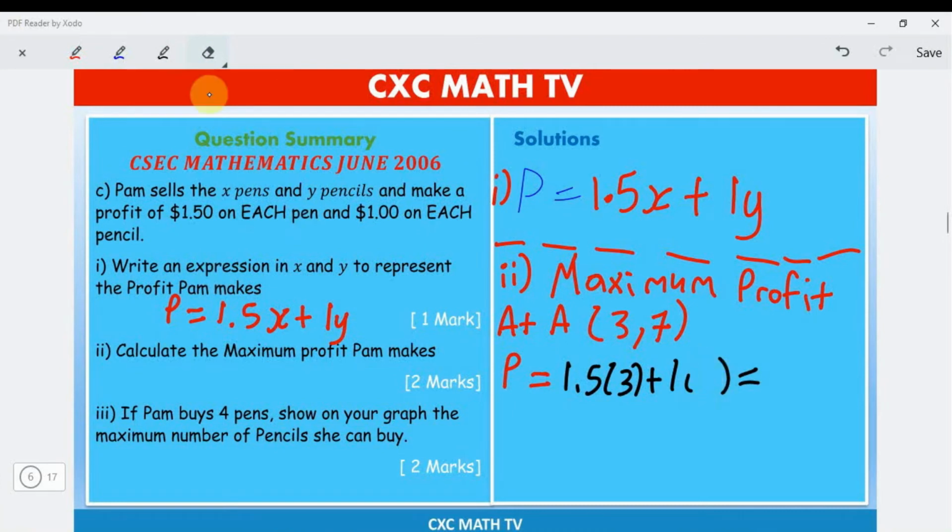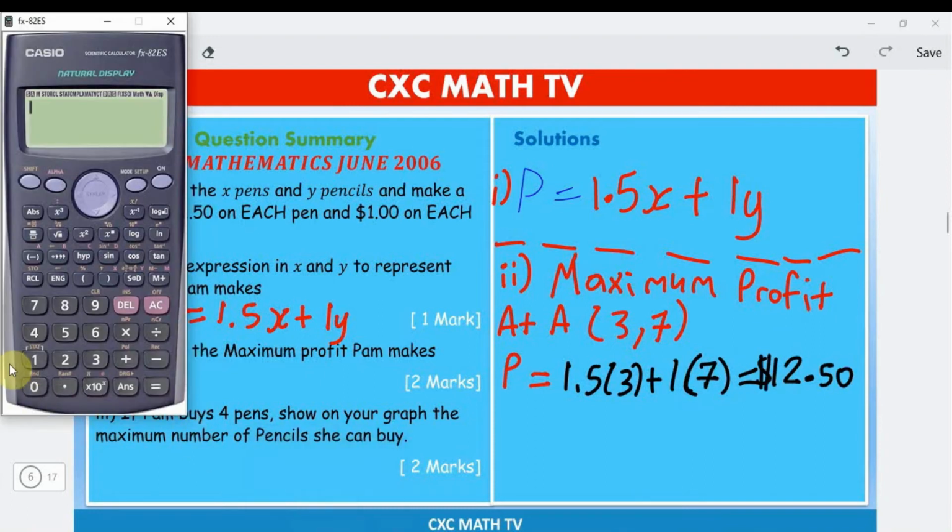So we don't even need a calculator. All right, let's not waste our time. 3 times 1.5 is 4.5. 4.5 plus 7 is 12.5, right? And if you didn't feel confident doing the math, then of course double check it with your calculator.